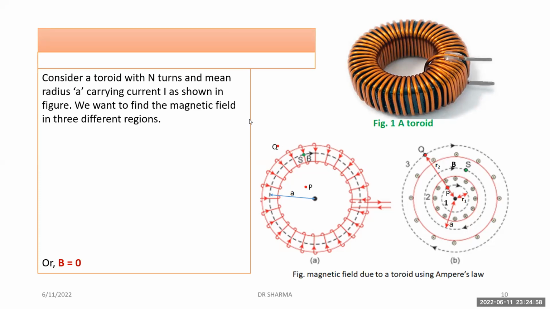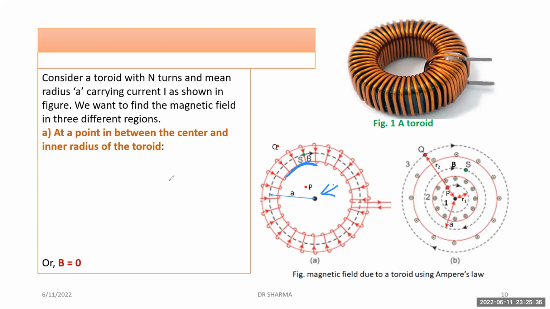Okay, if the current through one loop of the toroid is I, then we can apply Ampere's circuital law to three regions around this toroid. First, to calculate the magnetic field at a point in between the center of the toroid and the inner radius. Here the center of the toroid is this one, and the inner radius represents this one. In this region, we are going to calculate the magnetic field.